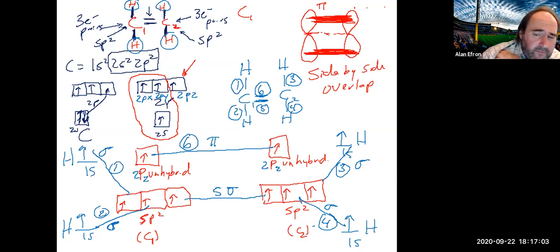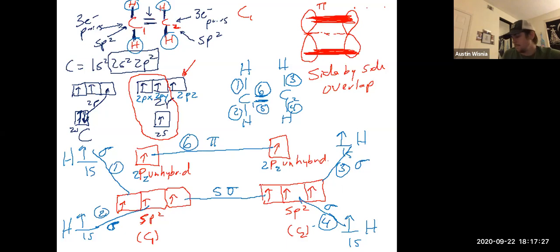You can have the 2py, and that will happen with a triple bond, which we'll look at next. You can make a single bond, double bond, or triple bond. When we get a triple bond, you end up with 2 unhybridized p orbitals, and that's most likely going to be the py and pz that are unhybridized in most cases. Got it. Thank you.